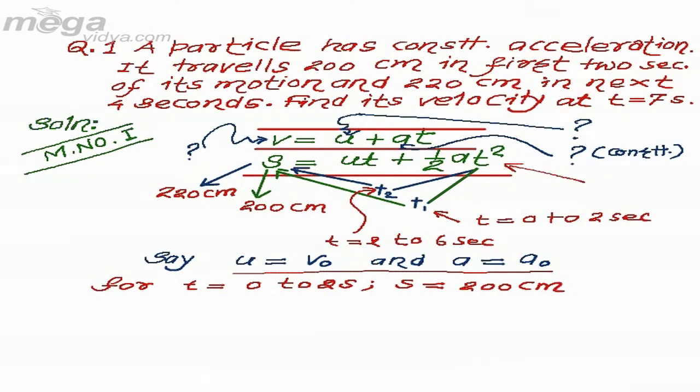Using these values I can write 200, which is the displacement s, equal to u, the initial velocity which we have assumed to be v0, into the time interval, which is 2 seconds, plus half. We don't know a, we have assumed it to be a0, so a0 into the time interval 2 seconds squared.